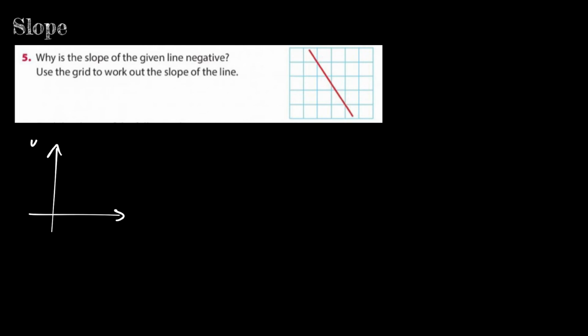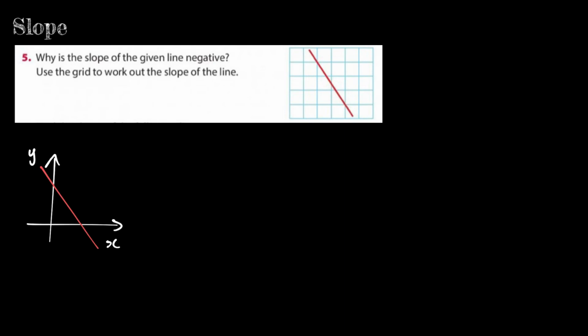So y points up, x goes across, and if we were looking at that line, this isn't exact, but this is just an idea. This is what it looks like if it was on a grid. Now, that line could be anywhere, but that's just an example of what it might look like.